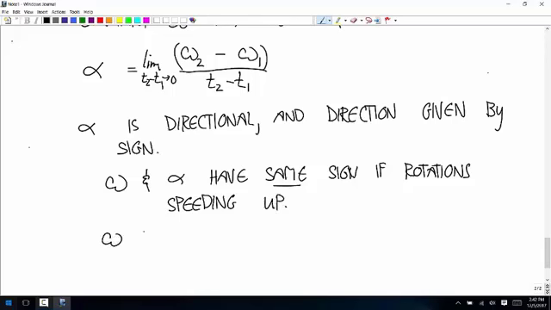And omega and alpha have opposite signs if the rotations are slowing down.